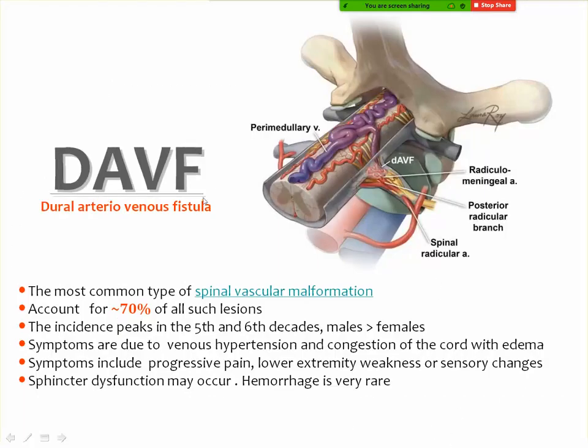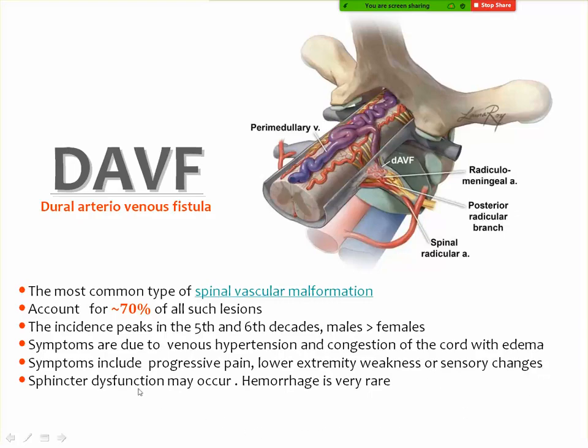And the dural arteriovenous fistula is considered the most common type of spinal vascular malformation. These lesions are usually seen in the fifth and sixth decades, in males more than in females. There is venous congestion, and the cord will suffer from edema. This will result in progressive pain and lower extremity weakness or sensory changes.